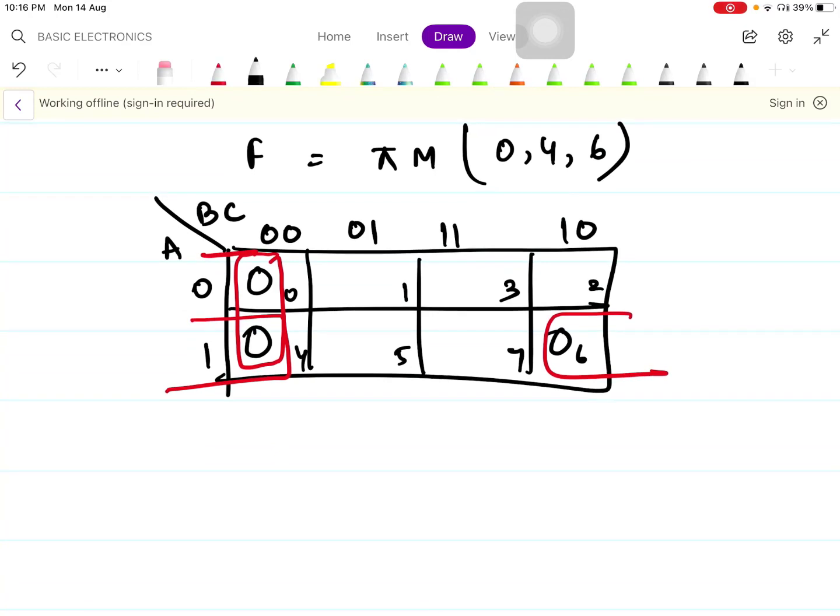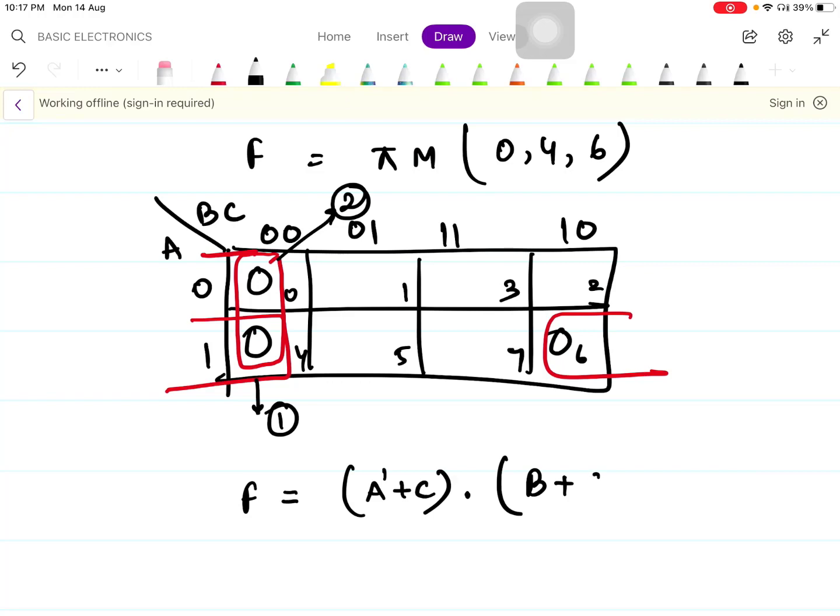If we were writing the answer for the corner zeros in sum of product, the answer for the first group would have been A and C bar. So now it will be A bar plus C. Just reverse everything. The next one, if we were writing the answer in sum of product for the second group, would have been B bar C bar, so it will be just B plus C.